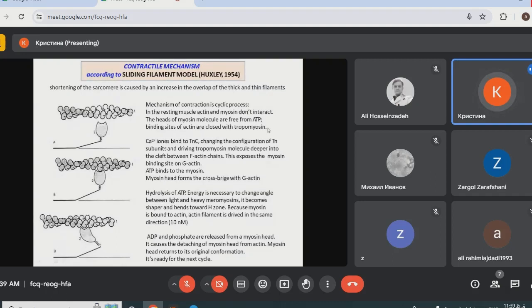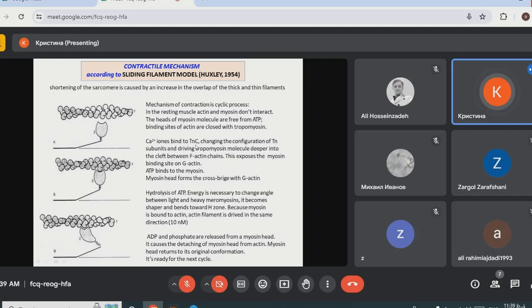So in order to have the ability for our myosin to attach to actin, we should remove the tropomyosin molecule from the actin. So what happens? We need calcium ions.